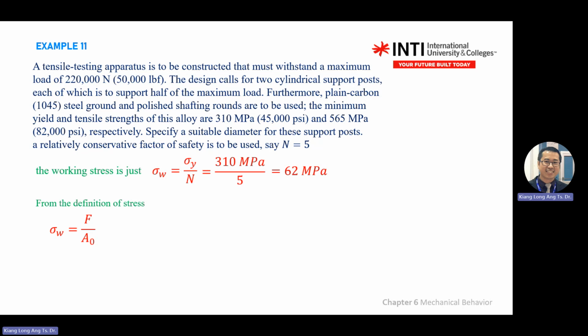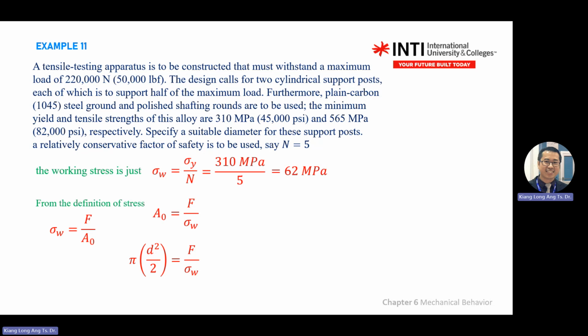Stress equals force divided by area. The purpose of giving you the factor of safety N is to reduce the stress value for your design. That means 62 is the maximum value that you can use in your design. You calculate the area. The area is pi r square, or pi d square over 4.